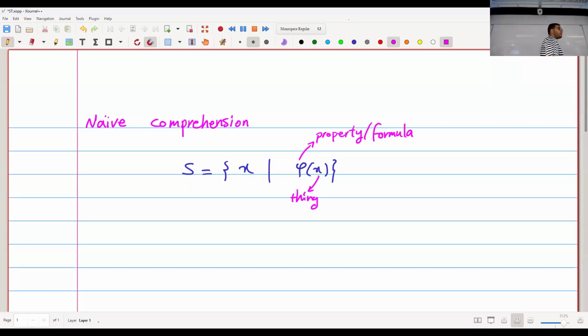Suppose that I have this as an axiom for creating sets. The same way that we had axioms for creating natural numbers, suppose that I take this comprehension as an axiom for creating sets. I can also have other axioms. I can say I have the empty set, I have the set of natural numbers. I can have axioms that tell me if you have two sets, you can take their union, their intersection.